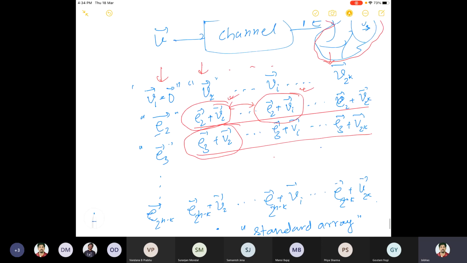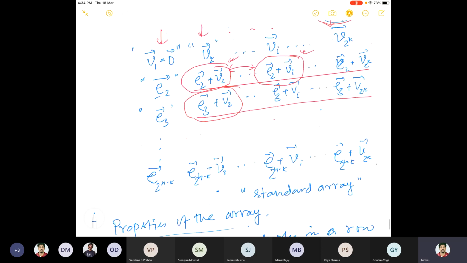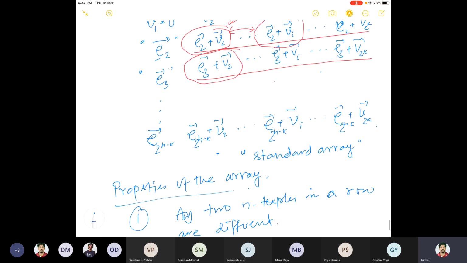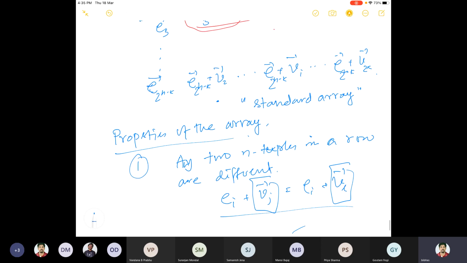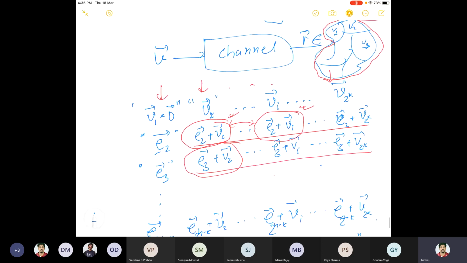I already gave you the explanation, because all the codewords are different. It means what? Suppose some Ei plus some Vj is equal to some Ei plus some Vl. If they are equal, then Vj will be equal to Vl, which they are not. So all the codewords are different. So any n-tuples here in any row are all different.